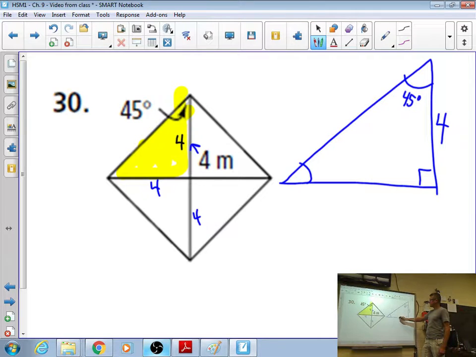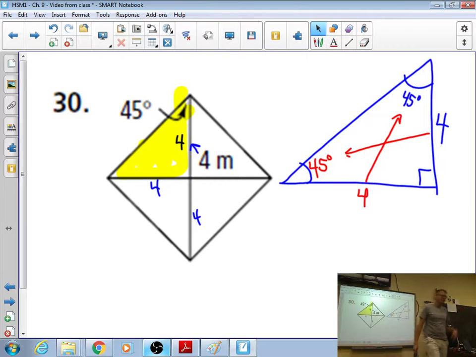But what I know is that this edge is determined by the size of that angle, and this edge is determined by the size of this angle. Since I know this is 90 and this is 45, this angle has to be 45 degrees. Since these two angles are the same size, the legs opposite them will also be the same size. It does not work the same with a 30, 60, 90. The only reason this works like that is the angles are identical. Make sense now? Other questions from 9-3, trapezoids or rhombuses?